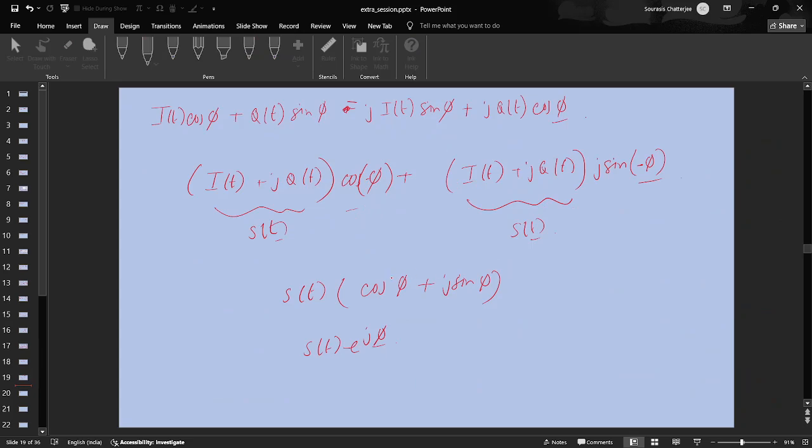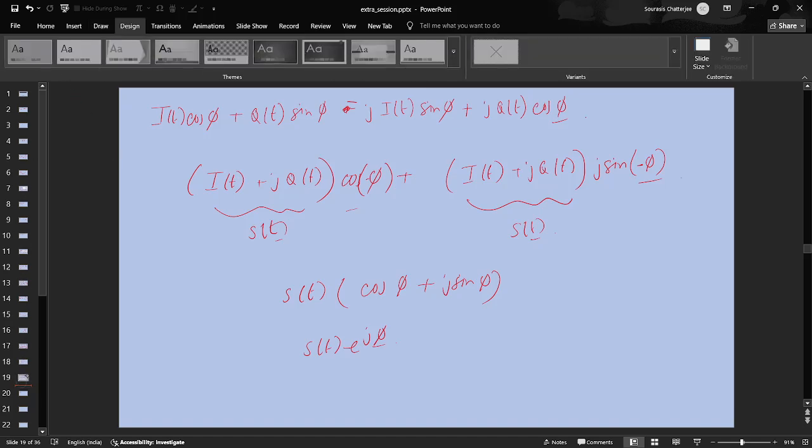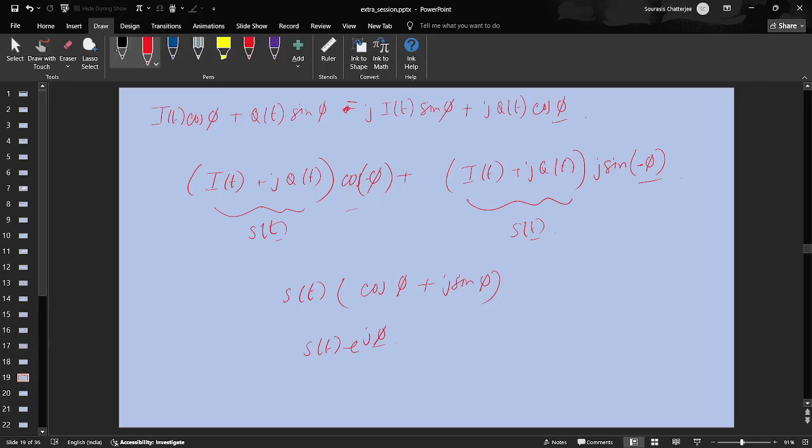In that case it would be st times cos of minus phi plus j of sin of minus phi. Then it would become e to the power j minus phi.